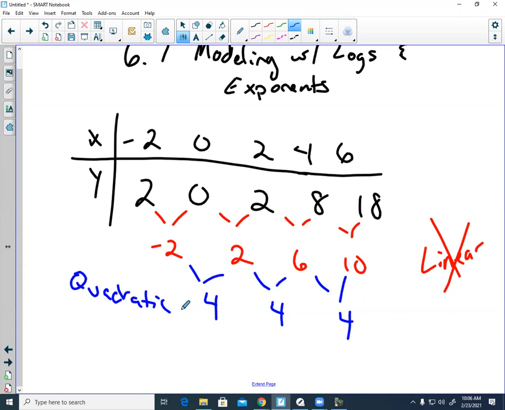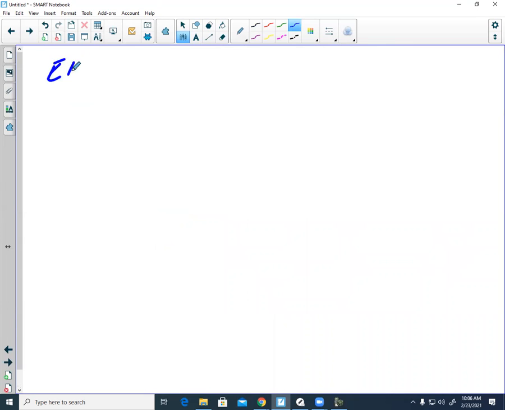The thing that we're now introducing is the idea that exponential regression can exist. Basically, this is us using a calculator to find an equation of an exponential equation. The same thing could happen.